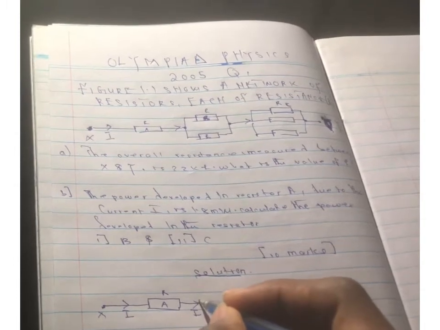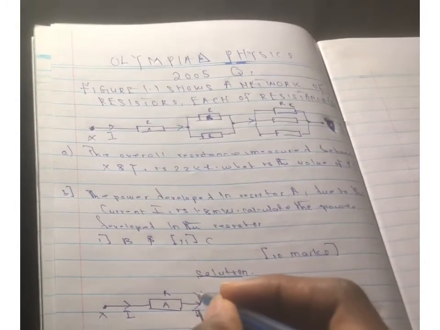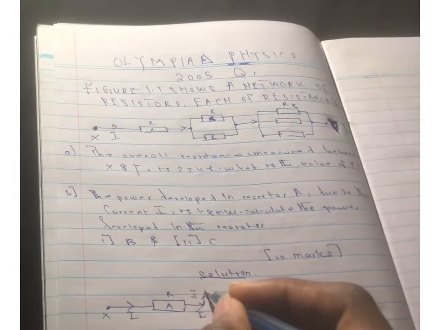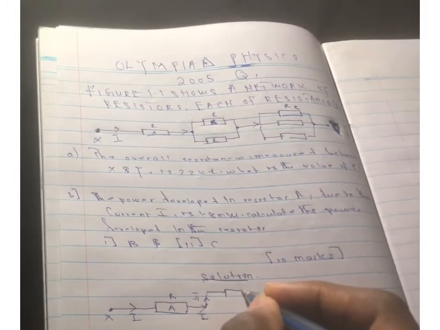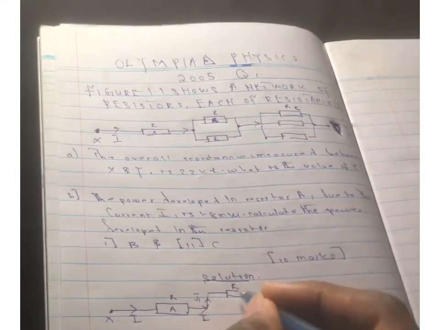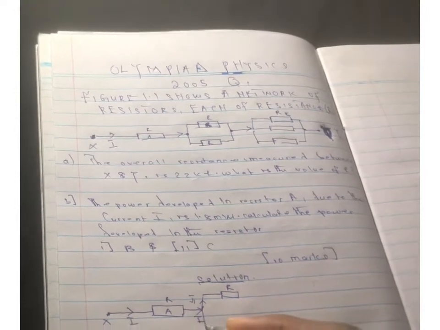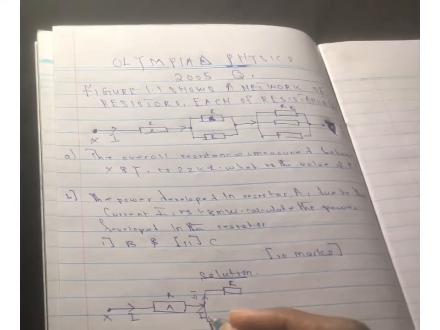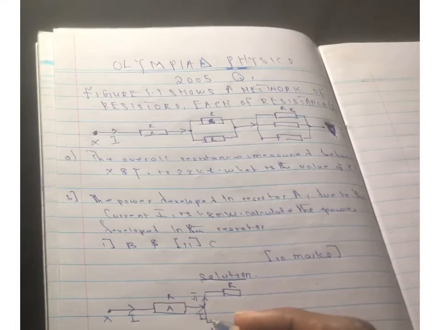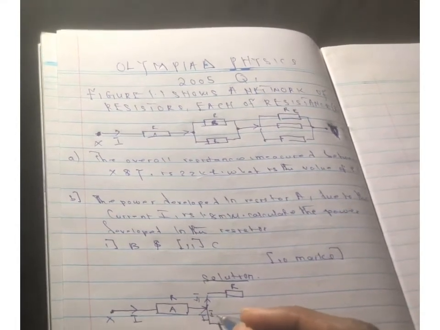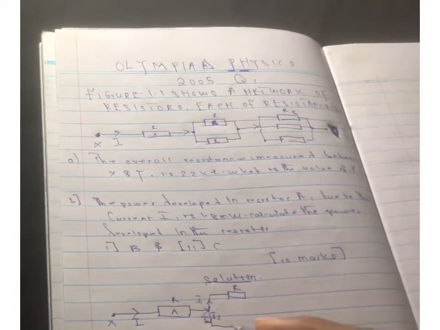Then the current branches into I1, which goes to this resistor R, and that same current branches to I2, which goes into this resistor.